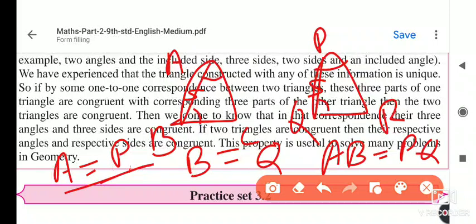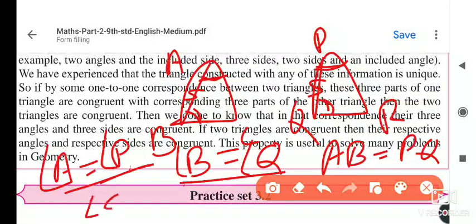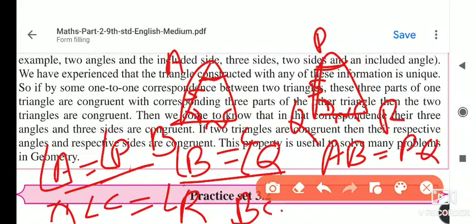Then for the remaining three, angles A and P are over, B and Q are over, so which angle remains? The third angle, so angle C is also equal to angle R. If these three are congruent, then the remaining angle C is also congruent to R, and the remaining two sides, BC is equal to QR and AC is equal to PR.